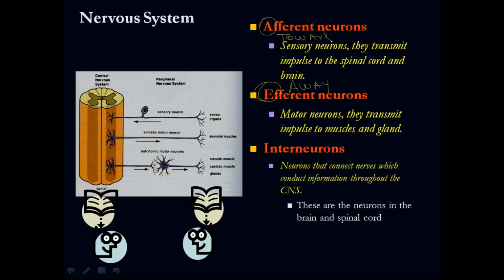Towards what? Towards the spine. Away from where? From the spine. So now these are going to be the sensory, and this is the motor, and this is part of the somatic nervous system.